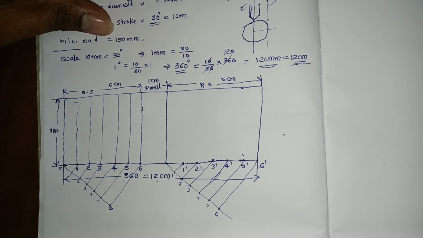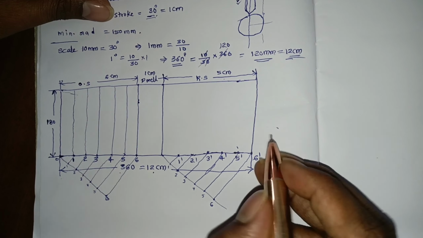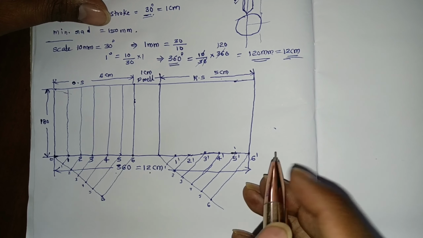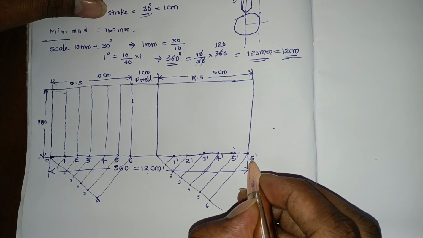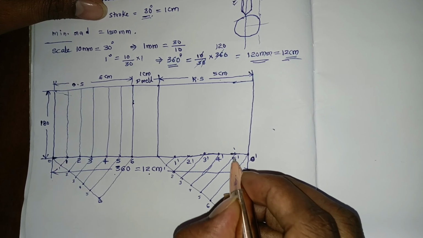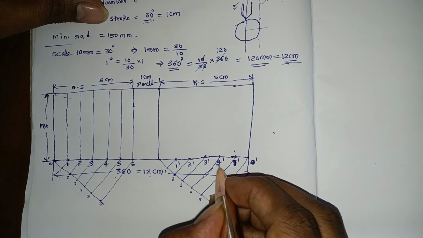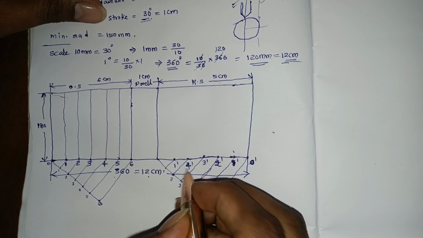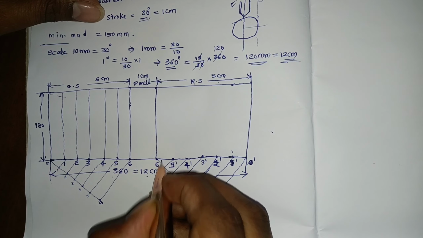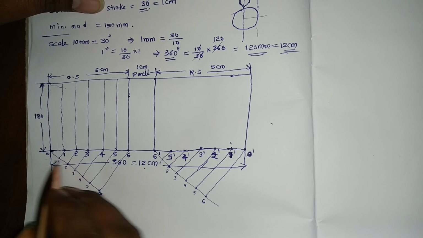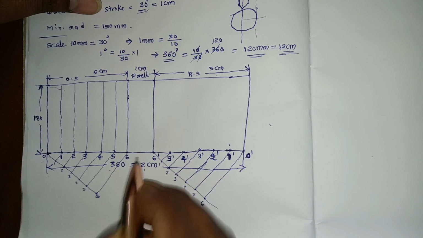Here you can also give the names in reverse. For better understanding, you can give the names as 0, this will be 1, this will be 2, 3, this will be 4, and this will be 5. The last is 6 dash. Here 0 to 6, here from 0 to 6.